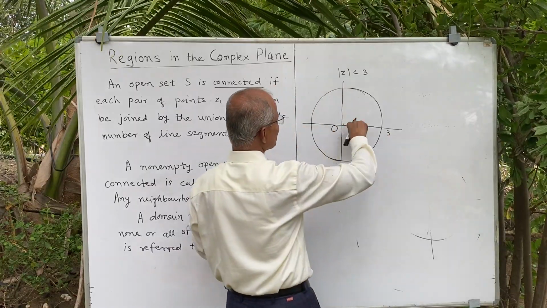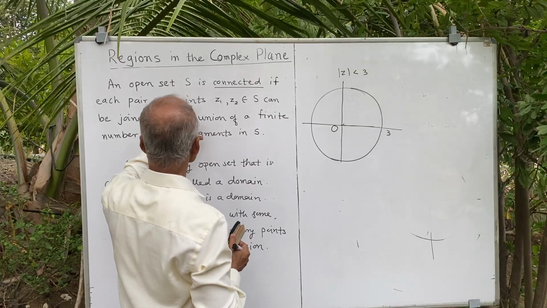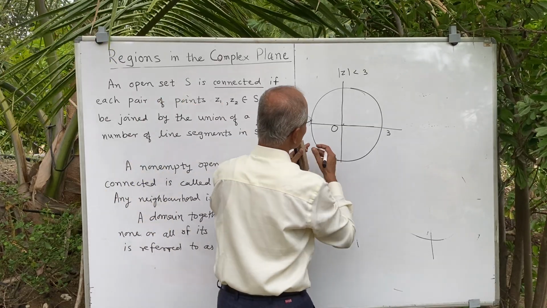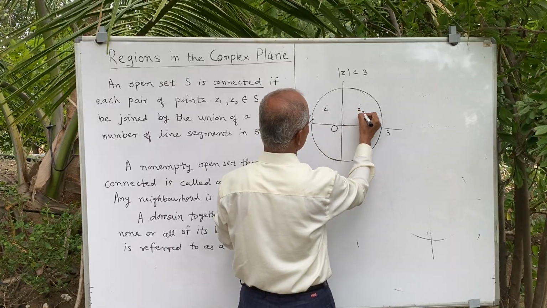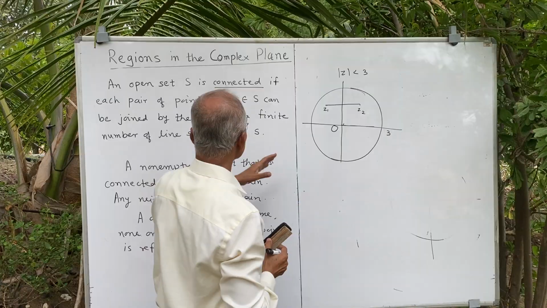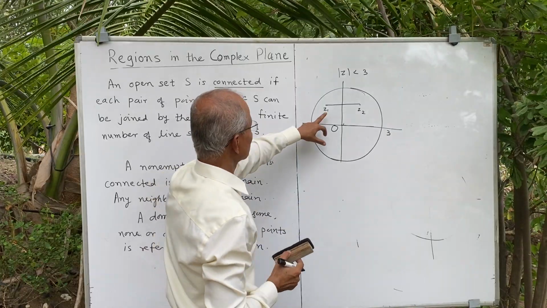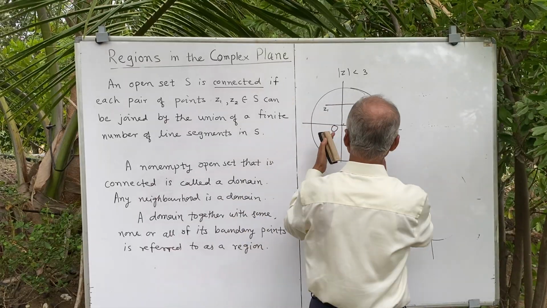All the points inside this are connected, because suppose Z1, Z2, then they are connected by a single line segment. Therefore this is connected.